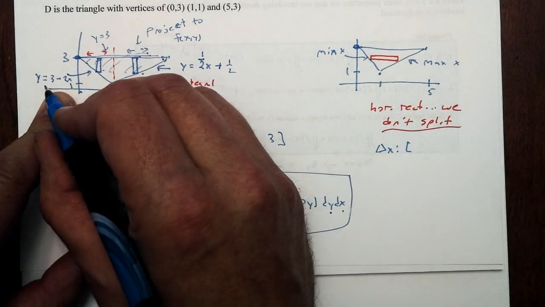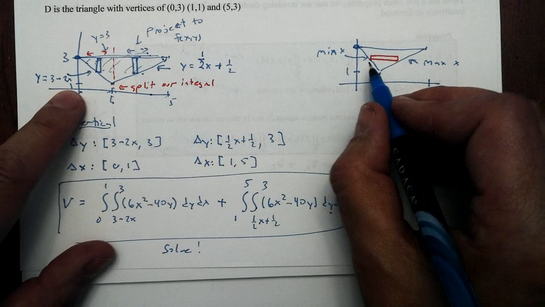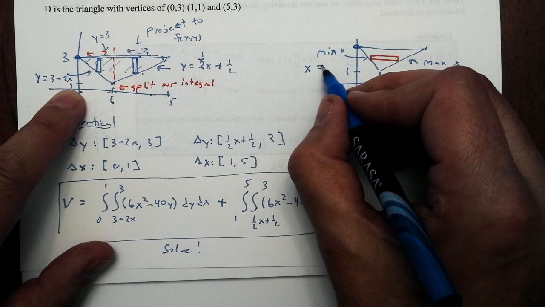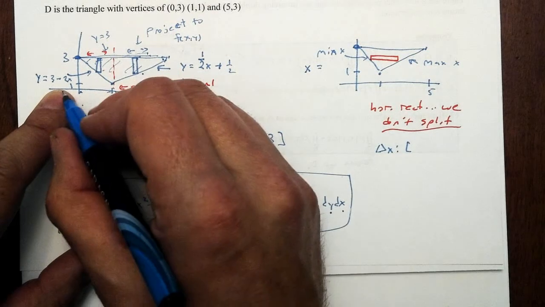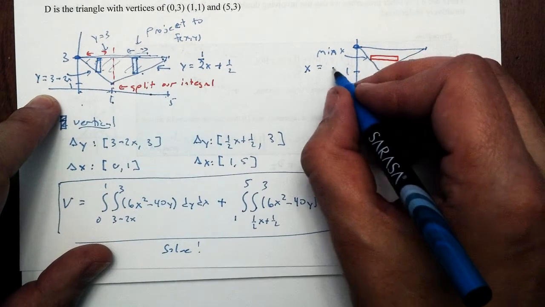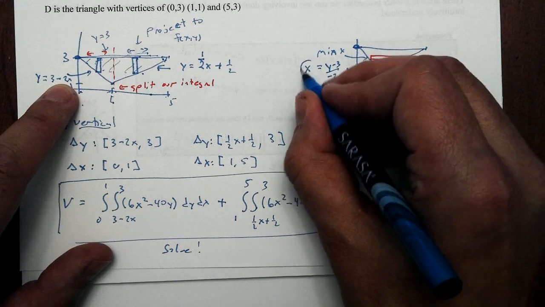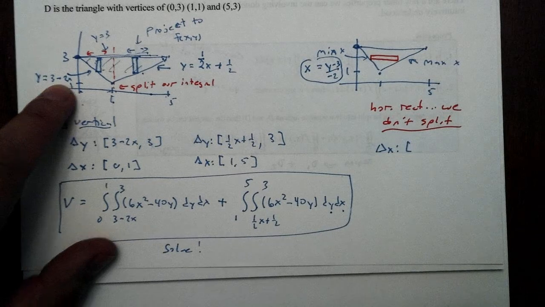If I just solve here, this was, remember, y equals 3 minus 2x. This is going to give us x equals, let's see here, I'm going to subtract the 3, so it'll be y minus 3 over negative 2. So there's my x. So there's my minimum x.